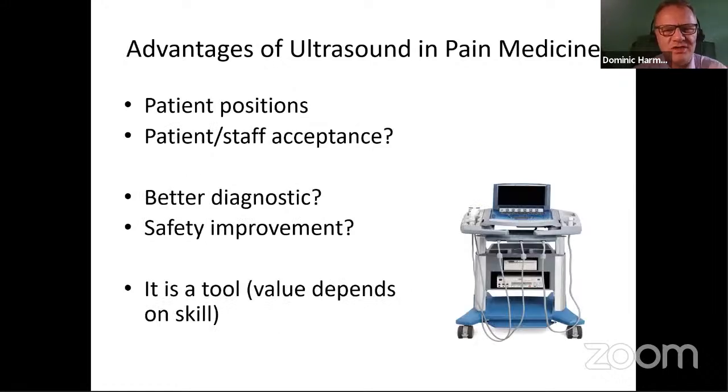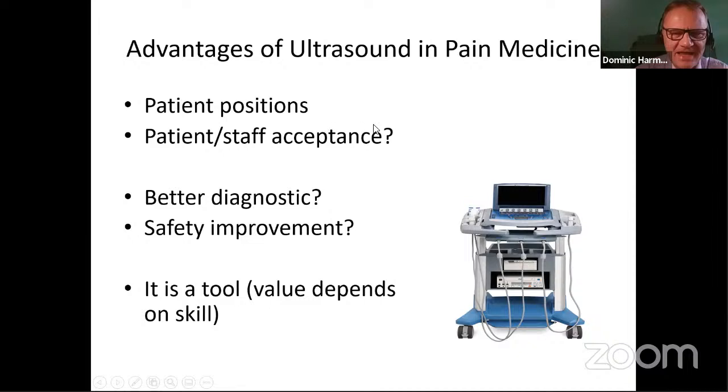I haven't mentioned much about patient positions. I would do ultrasound-guided procedures with patients standing up, patients leaning over a screening table, patients in their wheelchairs. There are no studies about it, but I see it in terms of my colleagues, in terms of staff acceptance, doing long interventional lists. It's much easier with the ultrasound.